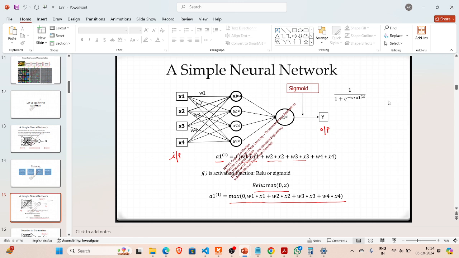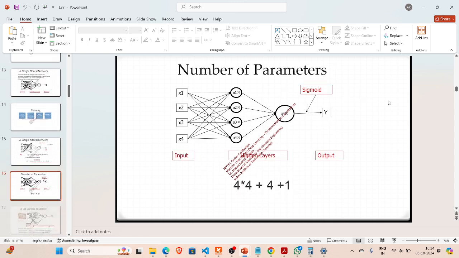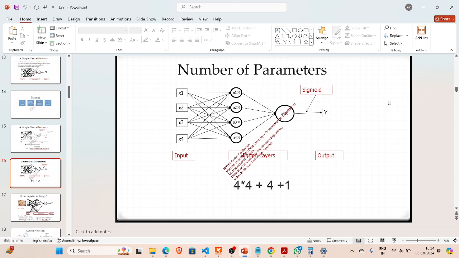We usually use ReLU at the hidden layers due to the vanishing gradient problem, which does not happen with ReLU.